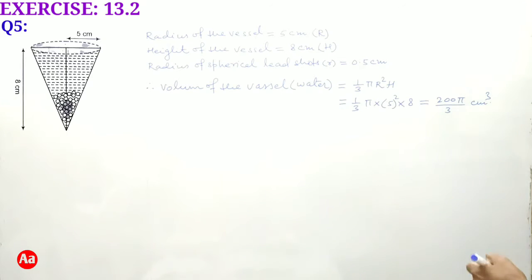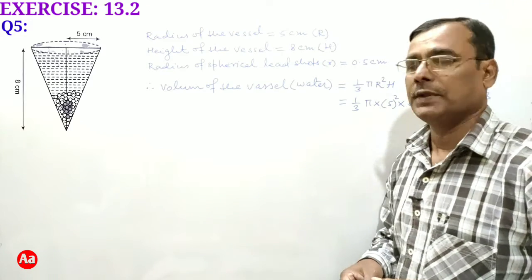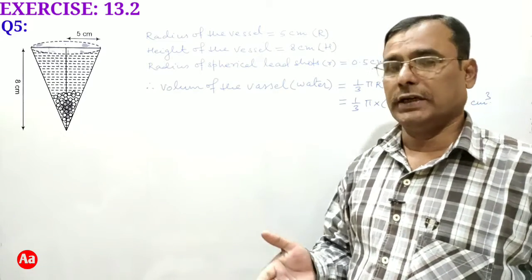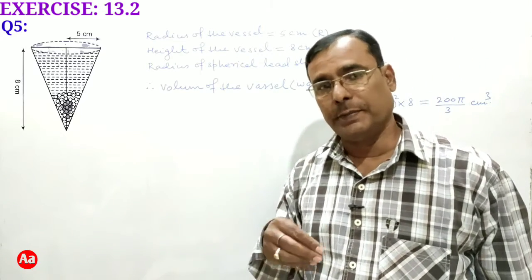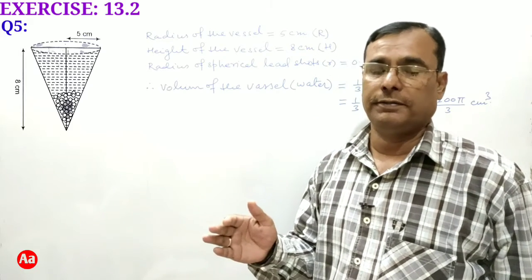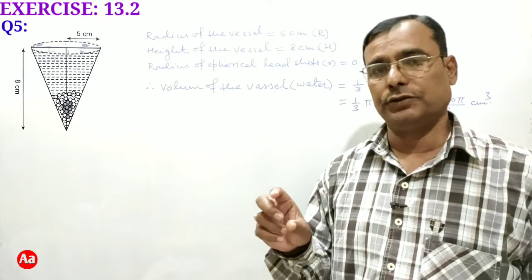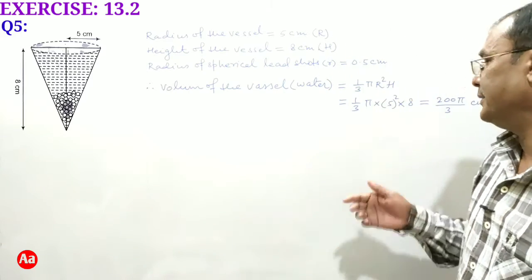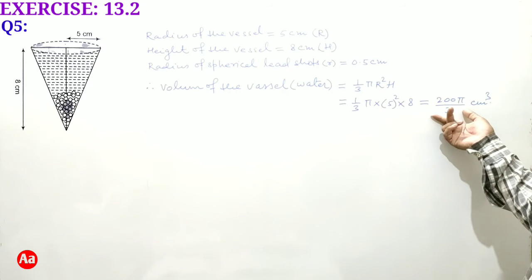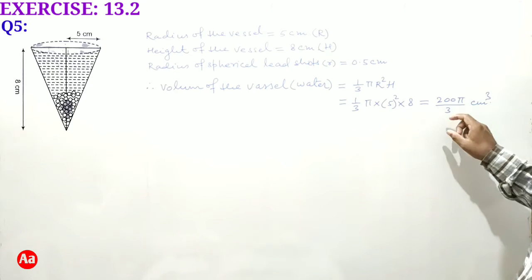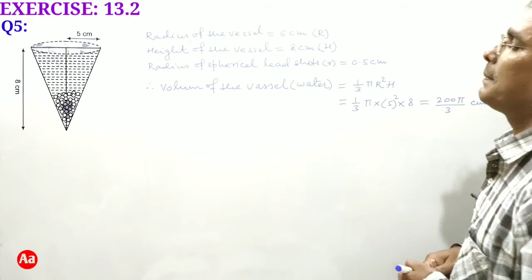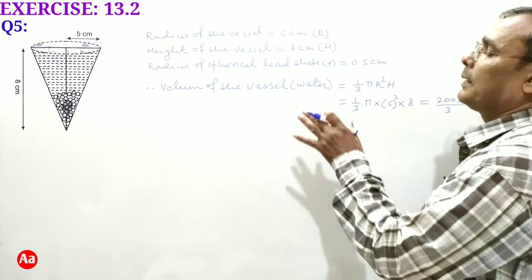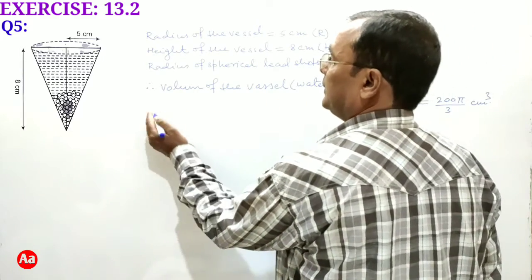Pi value 22/7 we are not substituting, because later on we will divide volume of water that flows out in terms of pi by volume of spherical lead shot that will also keep in terms of pi, so pi directly will get cancelled. So that's why we are keeping this volume of vessel in terms of pi. So this is volume of water 200 pi by 3 which is filled in the vessel.